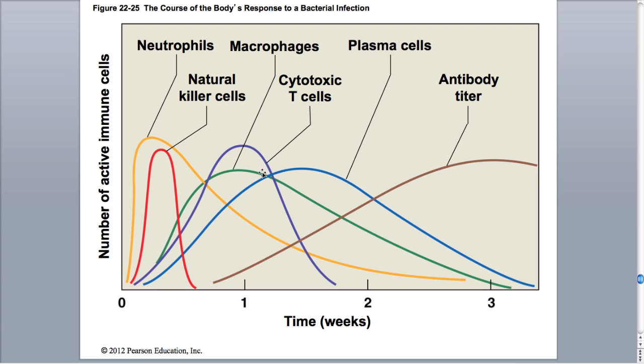And of course, right about here, you see what's happening. As T cells kick in, you see B cells kicking in as well. And when B cells finally kick in, you also see a rise in antibody. Okay. So this picture is definitely worth keeping in mind. Neutrophils are first, natural killer cells next, then you see macrophages kicking in. And notice, 1, 2, 3, they're all part of what?